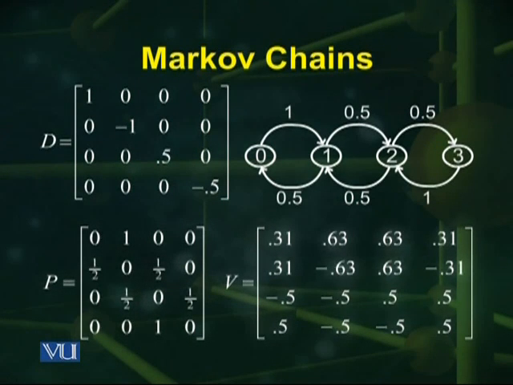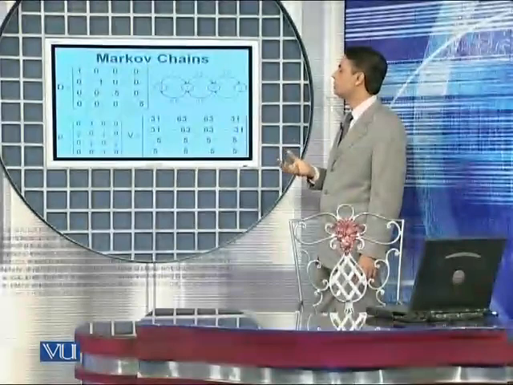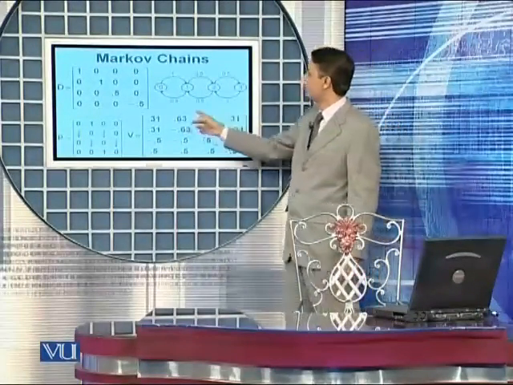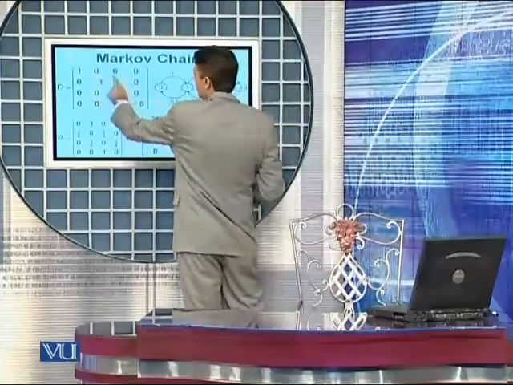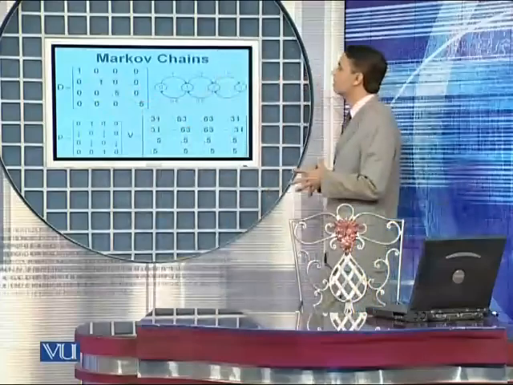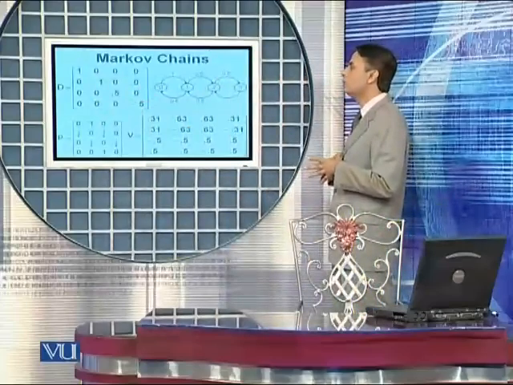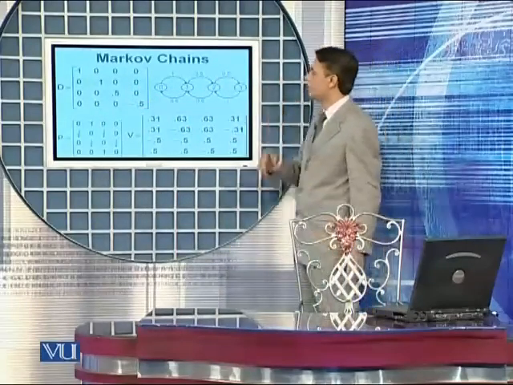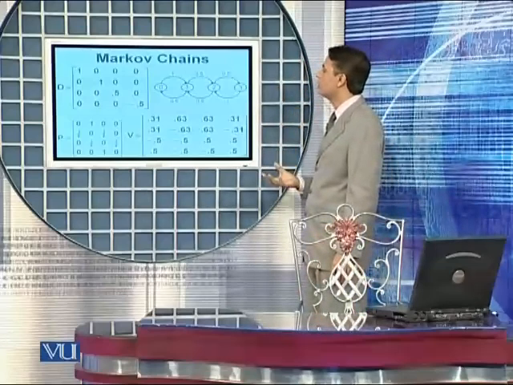So if you look at this V, this top row could be used for long-term probability distribution, but we should not call that long-term transition probability matrix, because you can clearly see that there are two eigenvalues with magnitude equal to 1. So this Markov chain is not going to have a unique long-term stationary probability distribution.